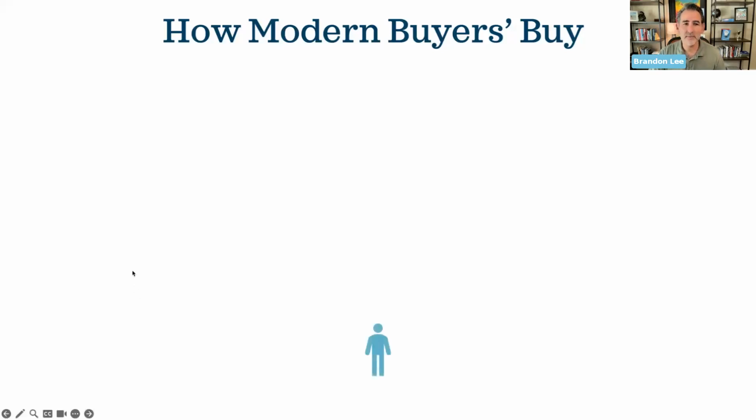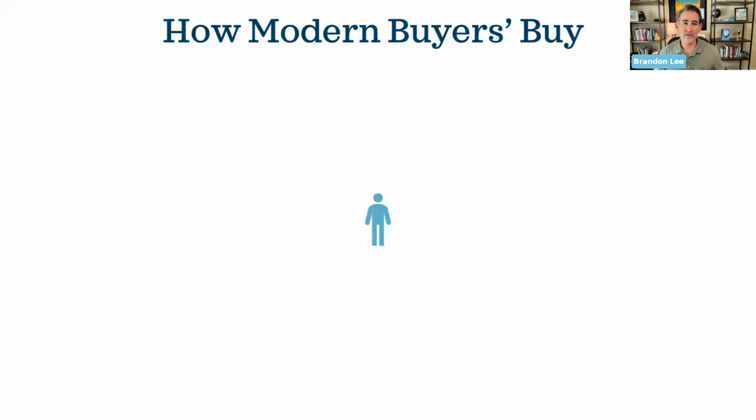So let's take a look at the way modern buyers buy. When I started in sales back in the 90s, I used to think I was really good at cold calling and cold knocking until later I realized that it wasn't that I was that great at it. I got good at it, but I also realized that buyers needed sellers for information, and buyers don't need sellers for information anymore.